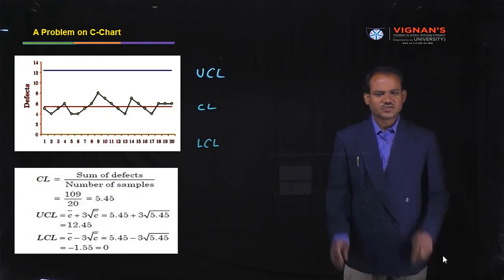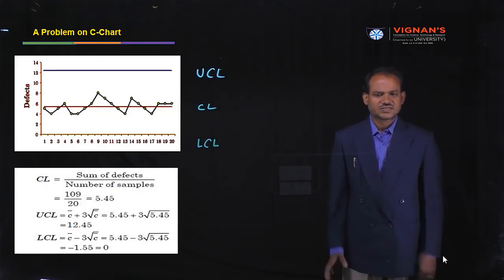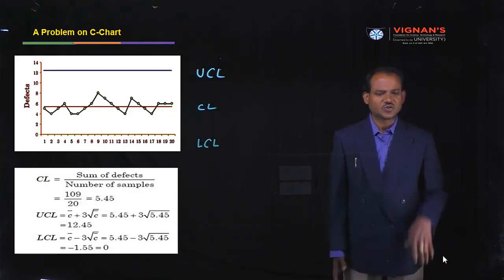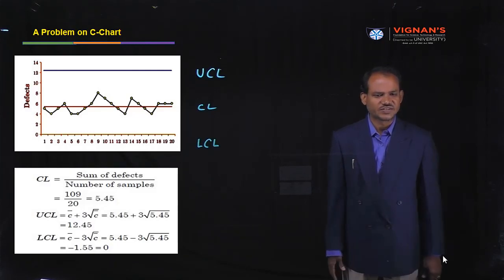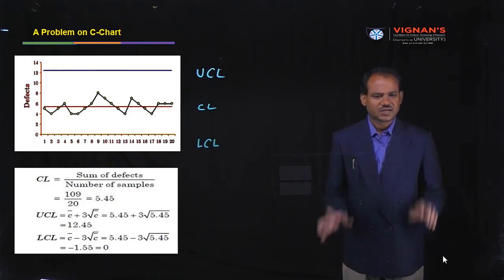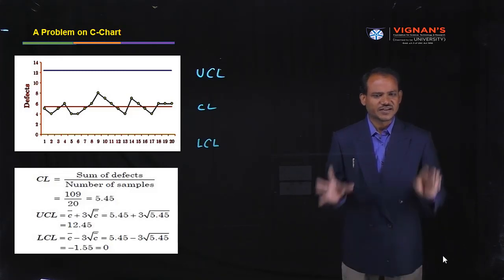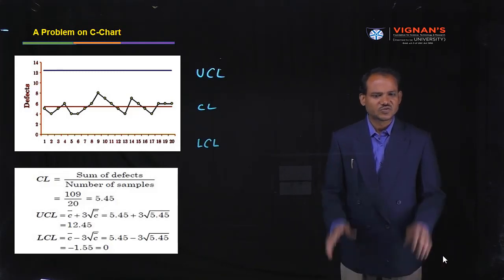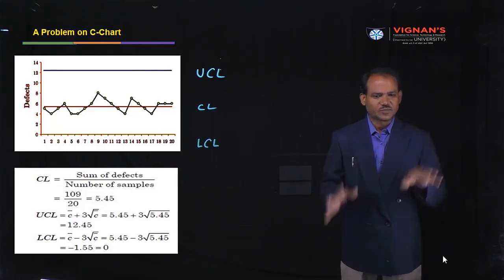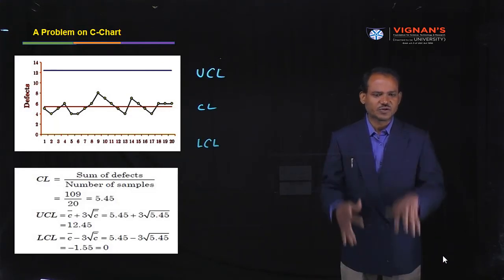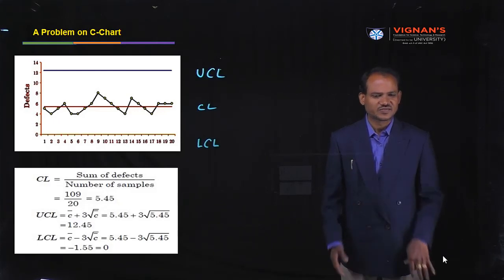Okay now? So this is the C chart. On x-axis we have to consider sample number, 20 samples. On y-axis, number of defects. First construct 3 lines, center line or control limit, UCL and LCL. LCL value is 0. Plot the data points and simply join all these points by using straight lines.